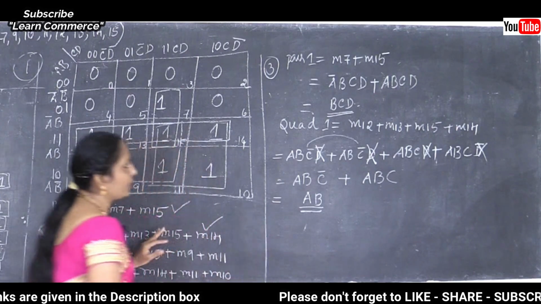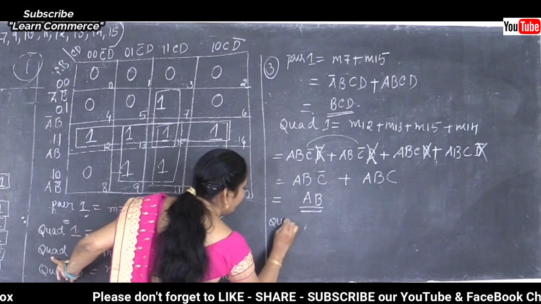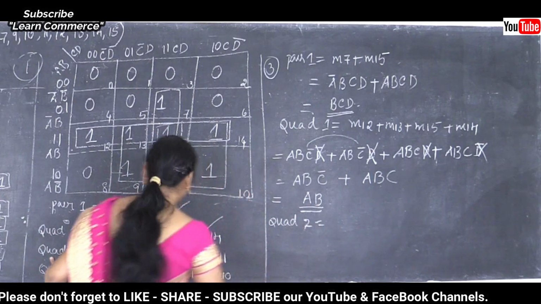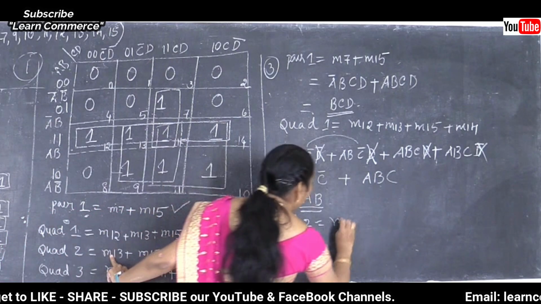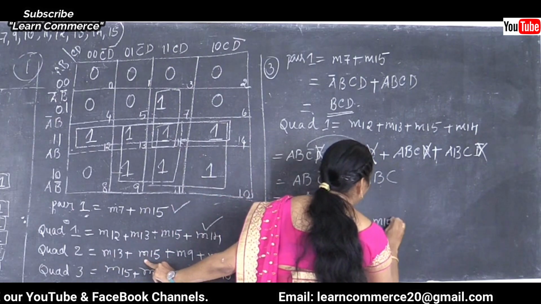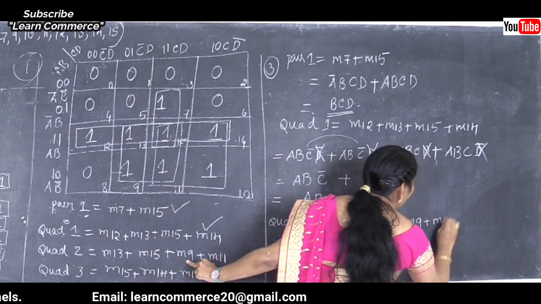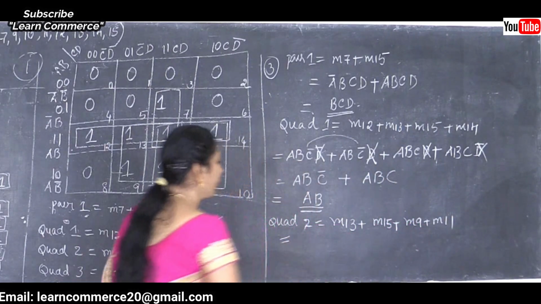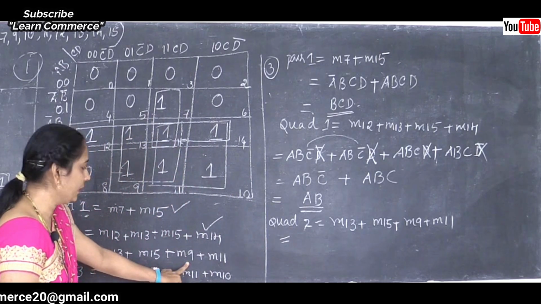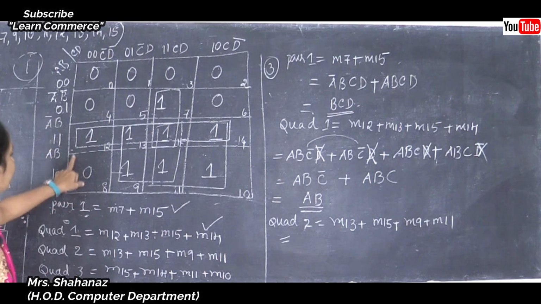Now after knowing the quad 1 answer, we are going to find out our quad 2. So the quad 2 is M13, M15, 9, 11. Okay, 13, 15, 9, 11. So now I am going to take the value, that is our 13 value.